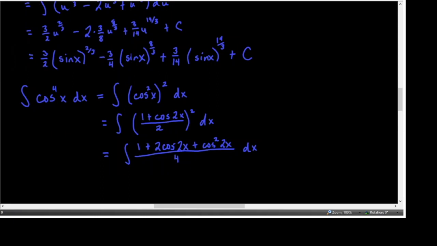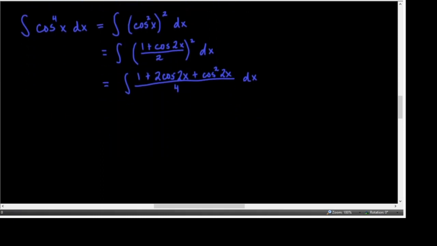All right, well, the first two parts, first of all, let me say I'm going to pull that 4 in the denominator out, so 1/4 in front of this. And the first two parts of this, the 1 plus 2 cosine of 2x, that part of it is going to be easy. So I'm going to separate that off from the rest of it. Don't forget that the other part would also have the 1/4.